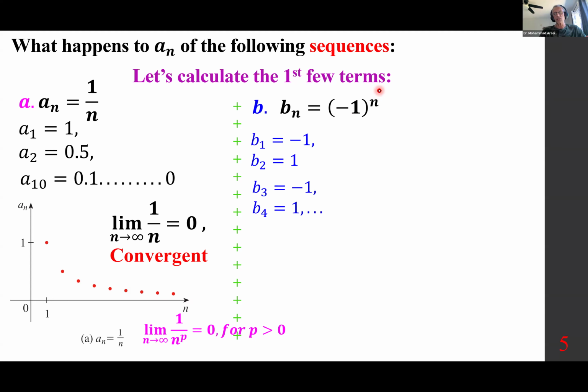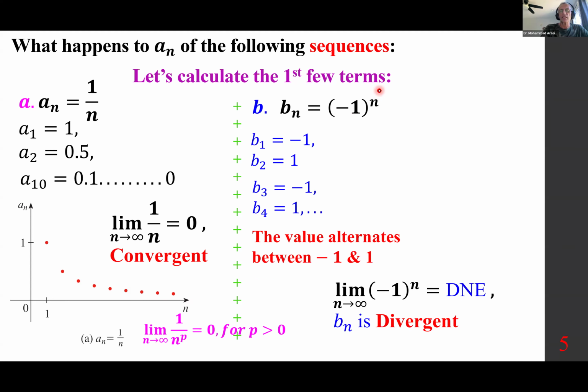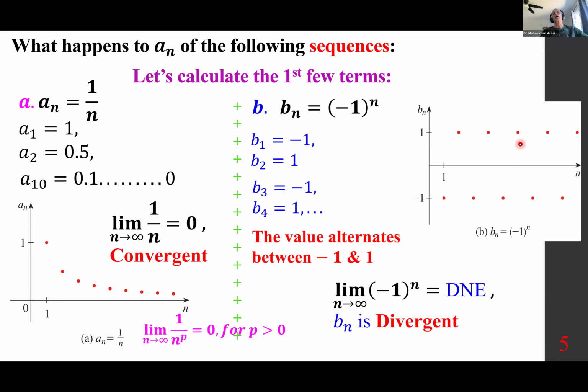It alternates, it oscillates between -1 and 1. And therefore, the limit does not exist. B sub n is divergent. When you can pinpoint a number, it's convergent. When you can't, it's divergent. If you were to graph it, it looks like that, okay? It oscillates between the two numbers.